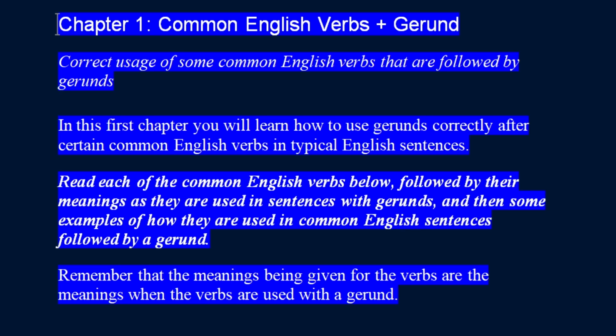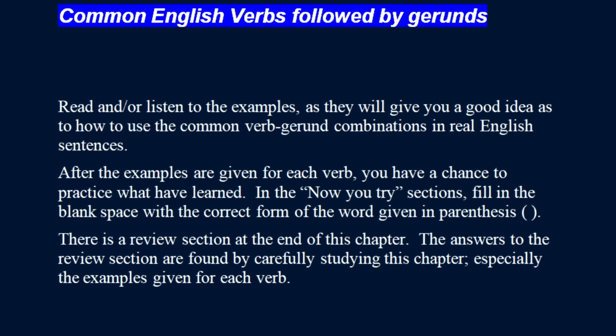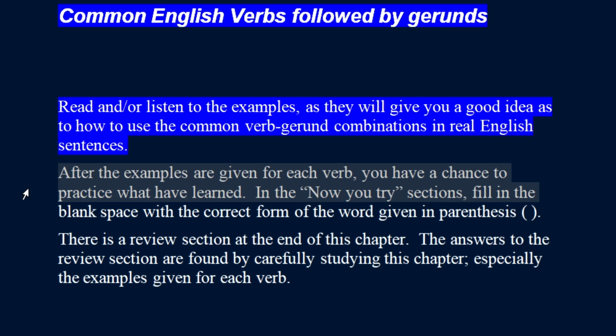Common English verbs followed by gerunds. Read and/or listen to the examples, as they will give you a good idea as to how to use the common verb-gerund combinations in real English sentences. After the examples are given for each verb, you have a chance to practice what you have learned.